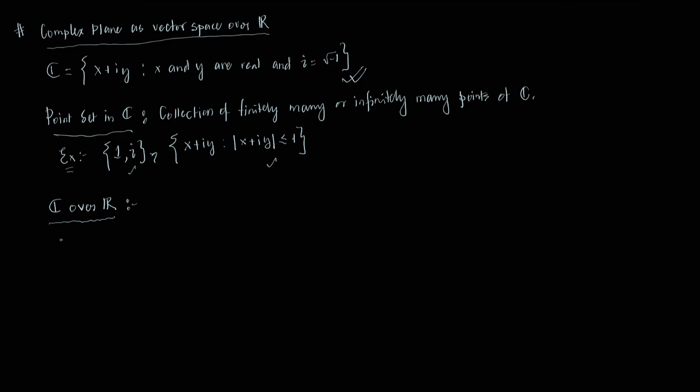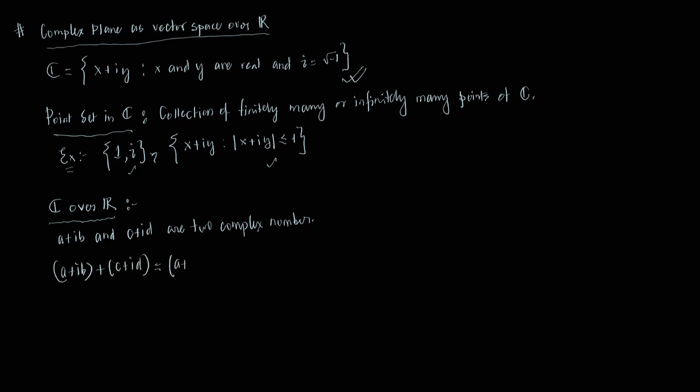So this is a vector space. How is it that? Let's say A plus iB and C plus iD are two complex numbers. We have already talked about how to add those two numbers. So we can do this: A plus iB plus C plus iD, the complex addition which we already did.